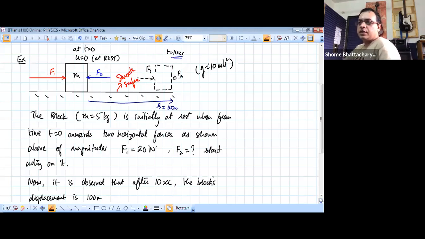Adinath, you'll have to try your calculation again, beta. The mass of the block is 5 kg. Maybe you have taken the value of mass wrong in your calculation. Just check once.